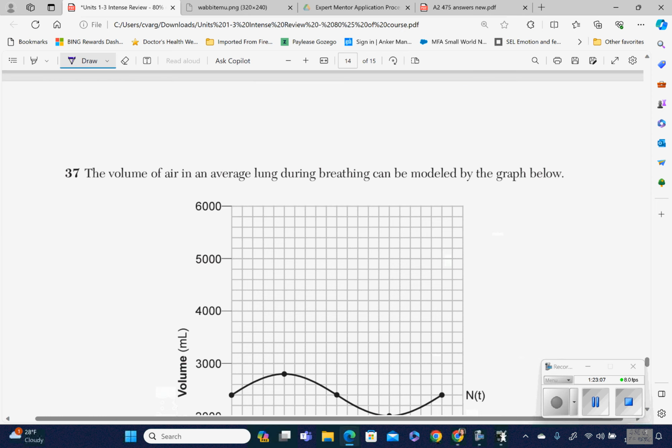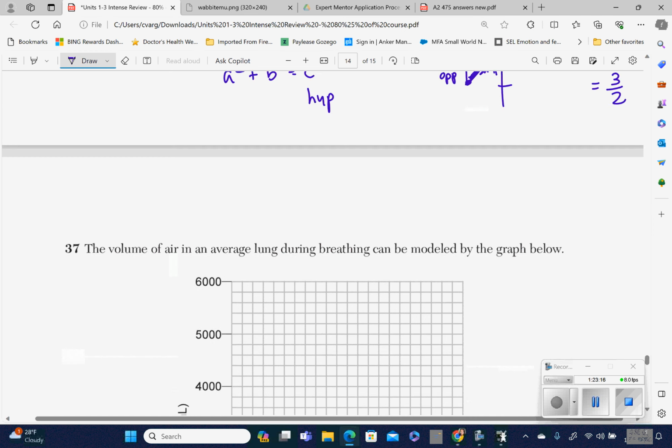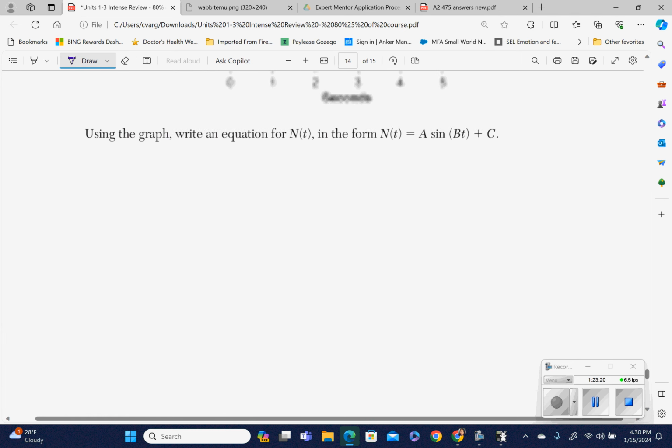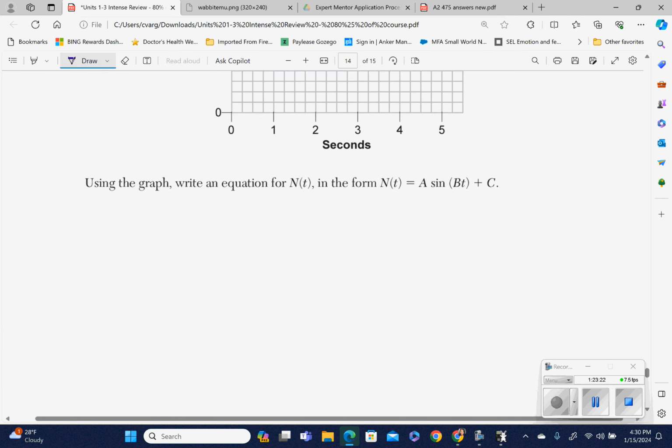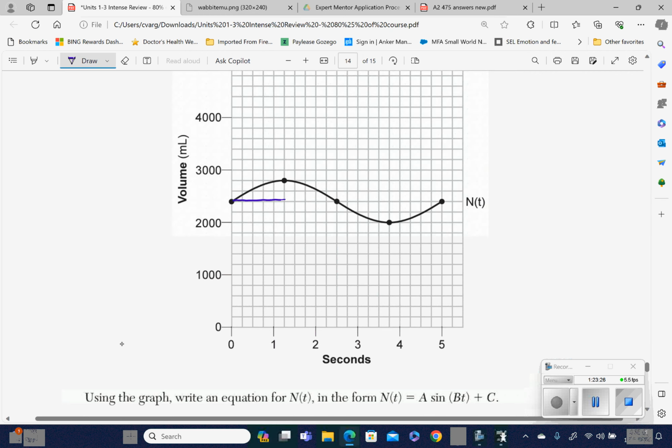All right, number 23, this next one, I did go over it in the video for, I believe, the June 2023 Regents, yes, okay. I did go over it in the video, but I'm going to show you this one more time, just to make sure. First thing we want to do is look for the midline. So our midline is at 2400.